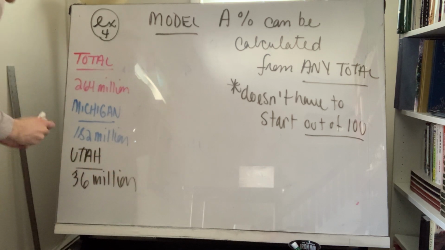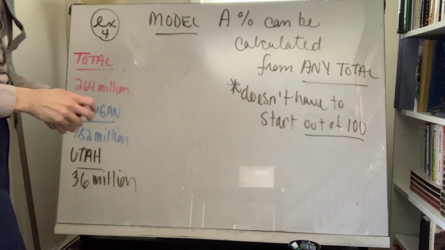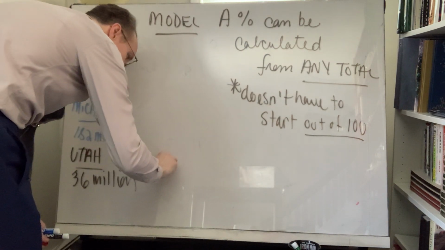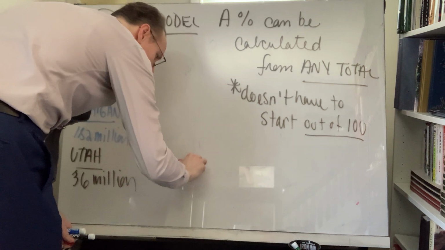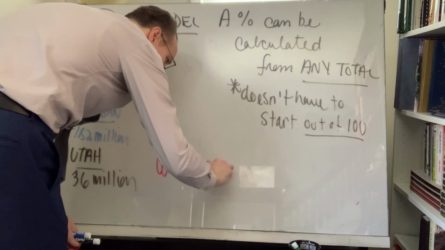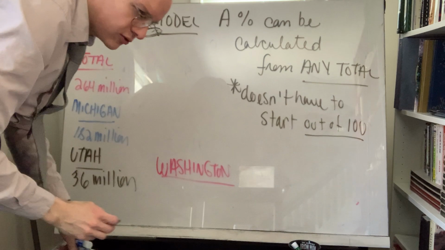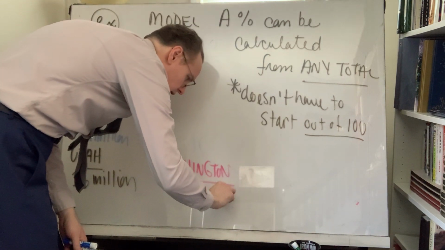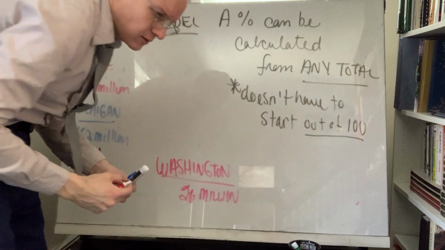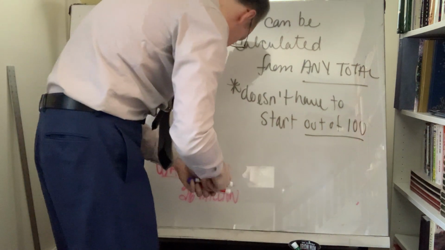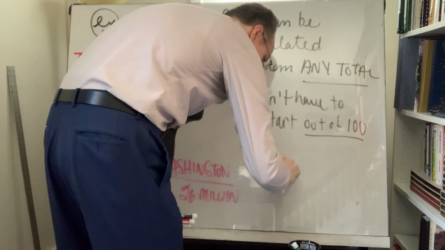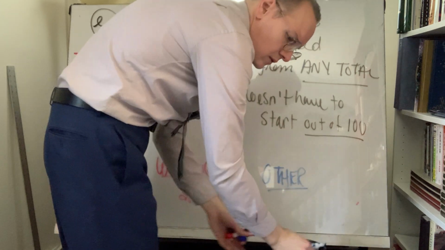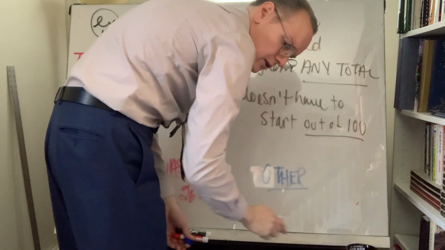I'm running out of space, so I'm going to put this next to it. Washington, land of the apples, 26 million. And then other, 20 million.